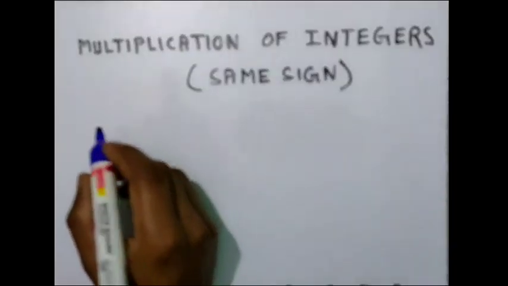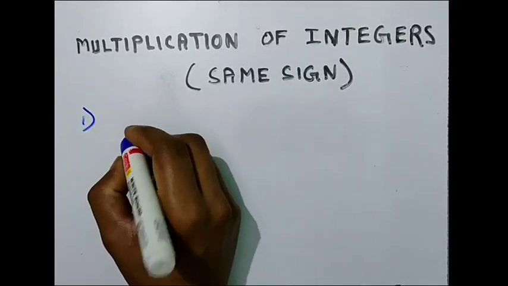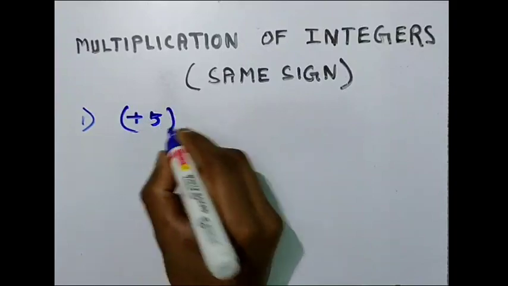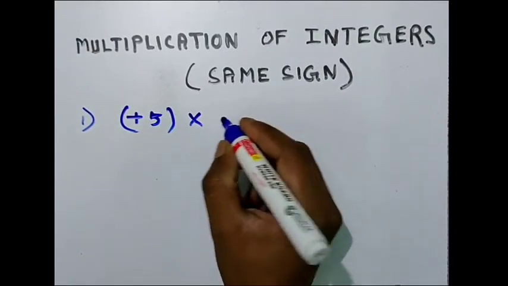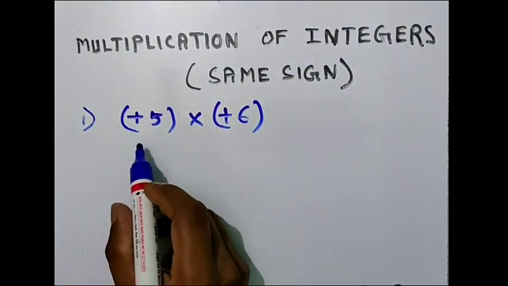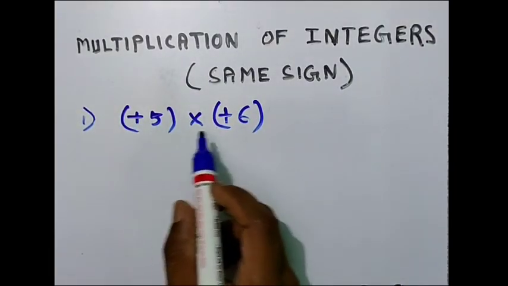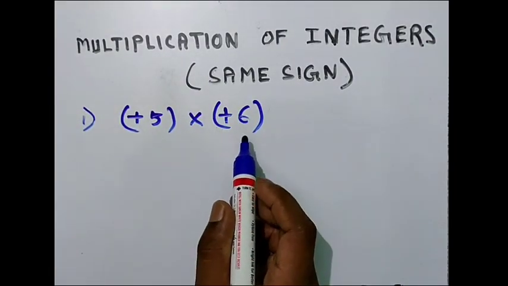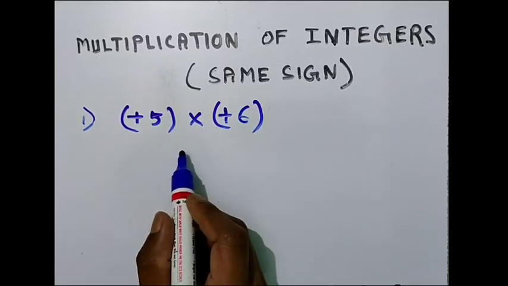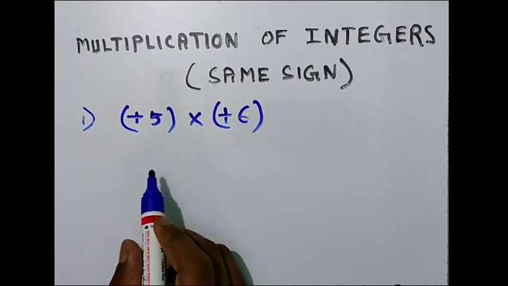Let's multiply positive 5 with positive 6. So what happens when we multiply a positive integer by another positive integer? The result is a positive integer.